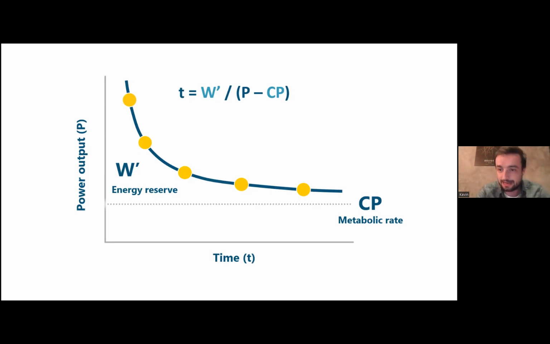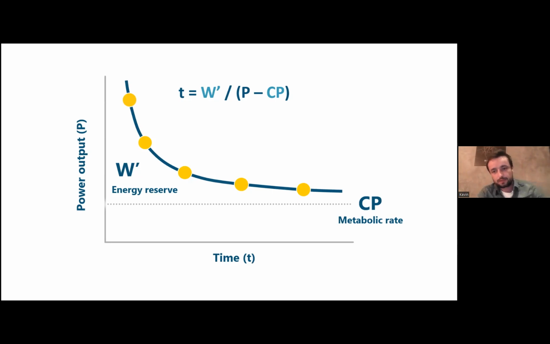So again, if we think back about the original definition that was given by Monod and Scherer, it's the maximum rate that we can keep up for a very long time without fatigue. So mathematically, it's the power output or the intensity that we could sustain indefinitely. And of course, you can already know that in practice, that's not possible.